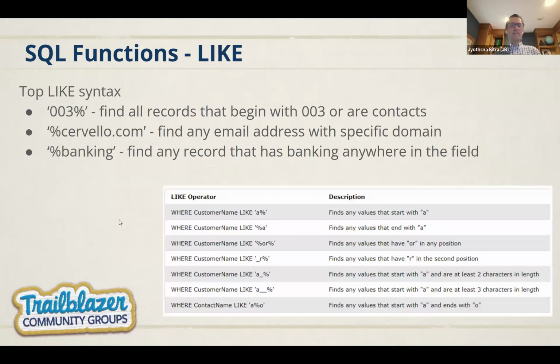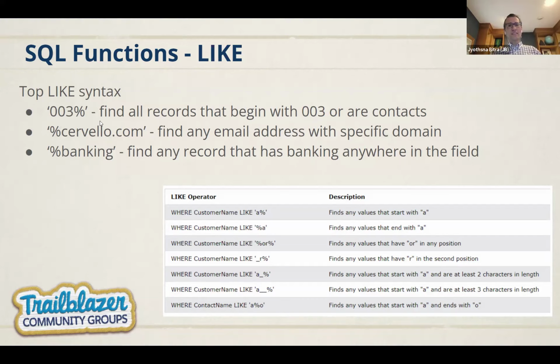I wanted to break this out in a separate slide just because there are a lot of different iterations of the like. That gives you an ability to do a more advanced in statement or an equal statement. It gives you an ability to find those records that have something familiar that you're looking for. So these are three examples of how you could use a like statement.